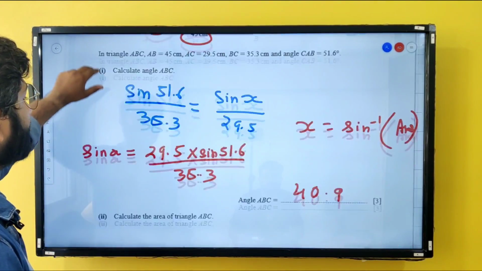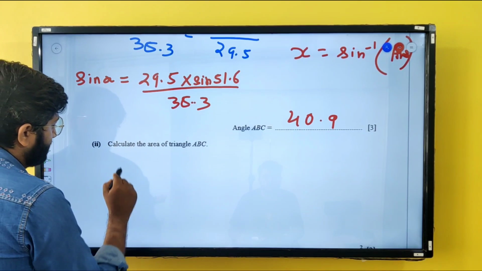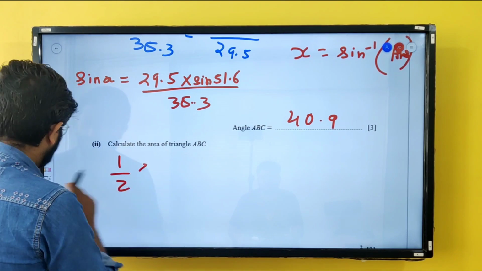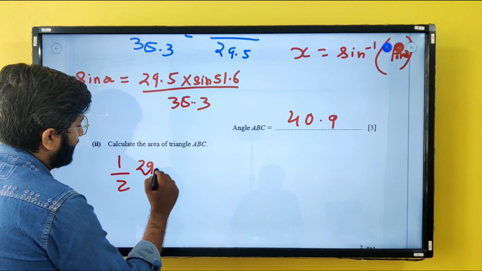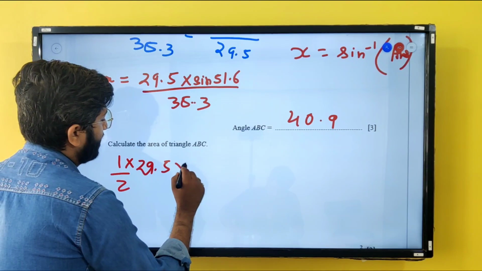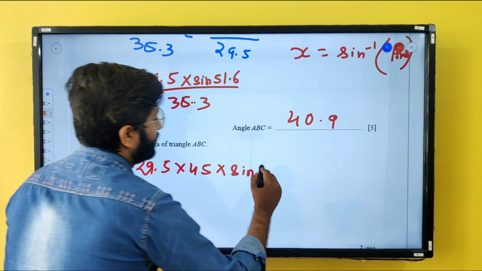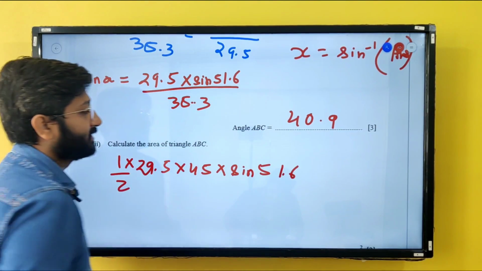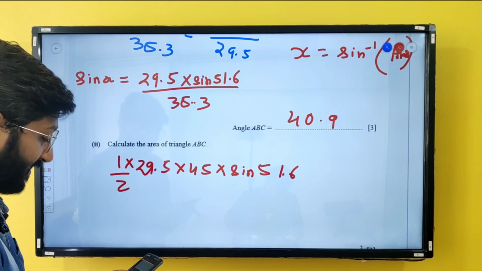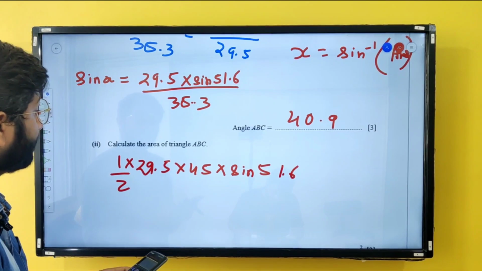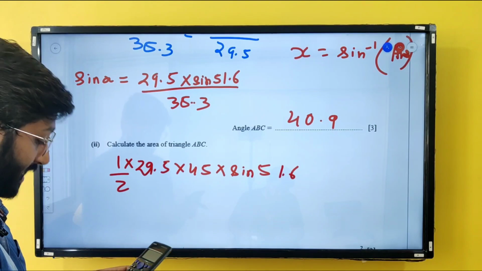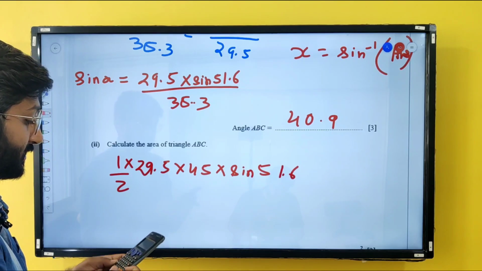So half 29.5 into 45 into sin C, which is 51.6. So half 29.5 into 45 into sin 51.6.